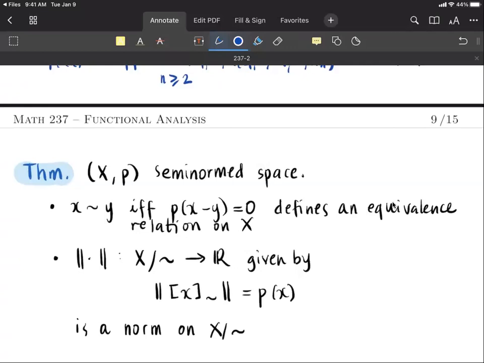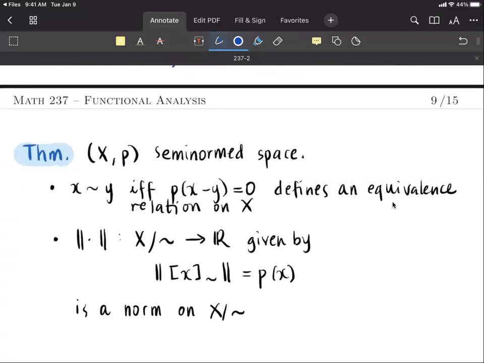Having this equivalence relation, we could create the factor or quotient space x modulo tilde. This is the set of all equivalence classes determined by the equivalence relation. And we define a function as follows. We define the norm of an equivalence class to be the seminorm of the representative. Of course, among other things, one should verify that this is well defined.